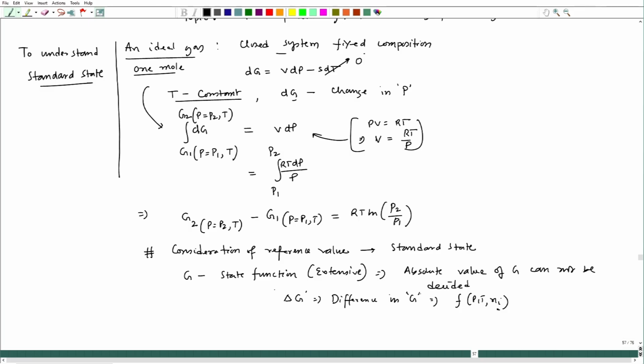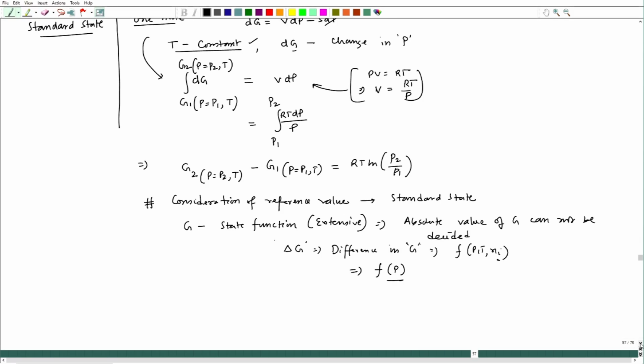Okay. But since in this case temperature is constant and composition is constant, this would be a function of P only. We have considered T constant, fixed composition, closed system. So, that has to be a function of P. So, from the change in P we can calculate the free energy difference.